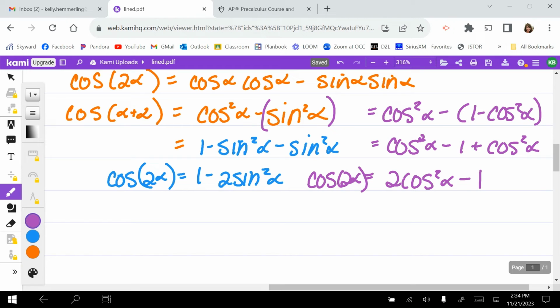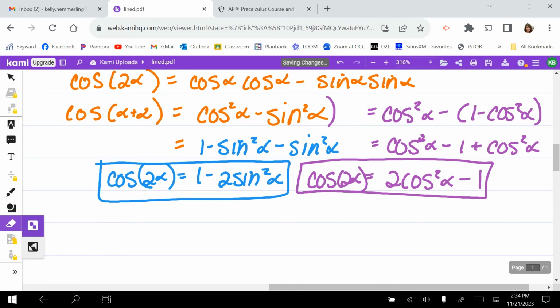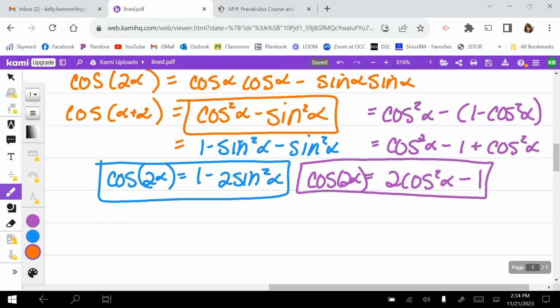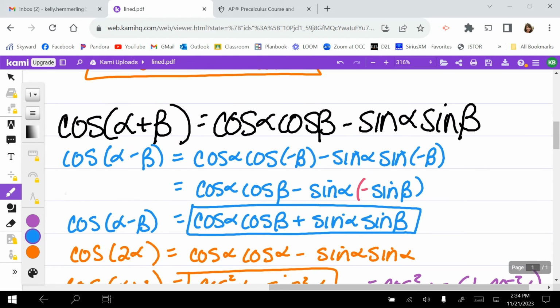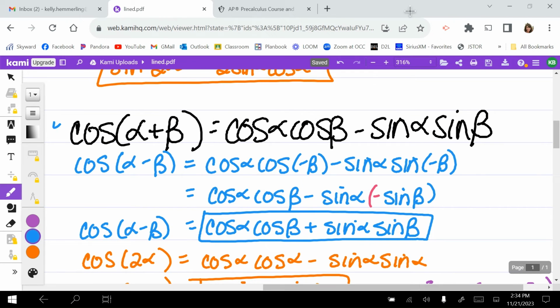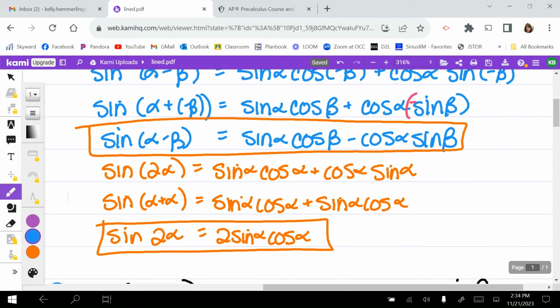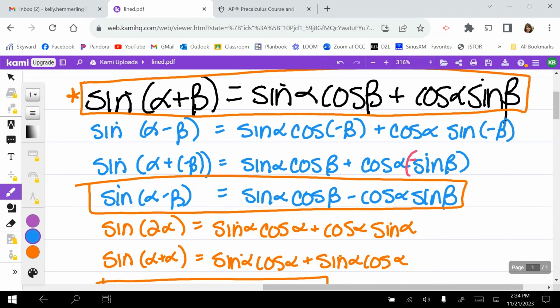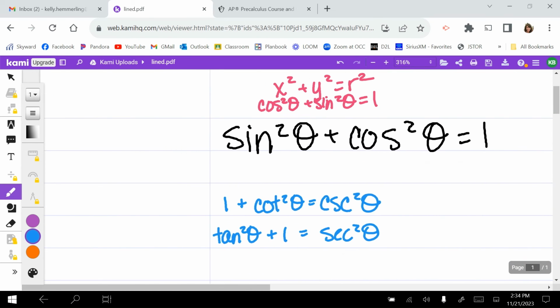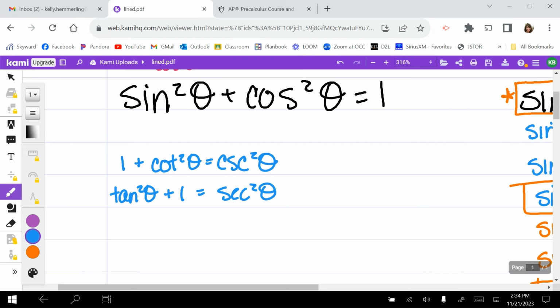So let's take inventory right now. 1, 2, 3, 4 identities just came off of memorizing cosine of alpha plus beta. 2 other identities came off of memorizing sine of alpha plus beta. 2 other identities came off of memorizing sine squared theta plus cosine squared theta equals 1.